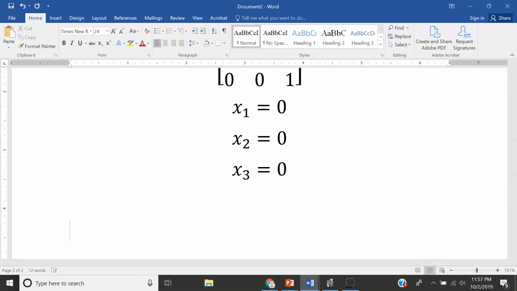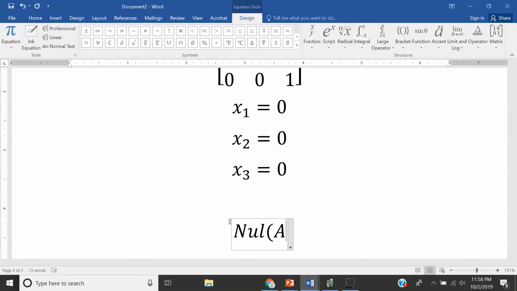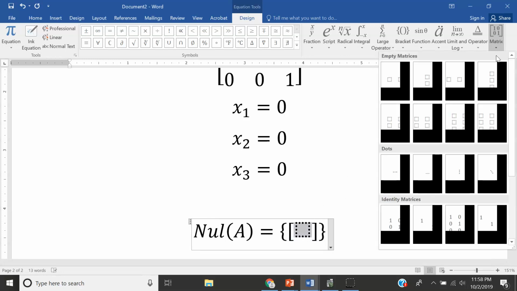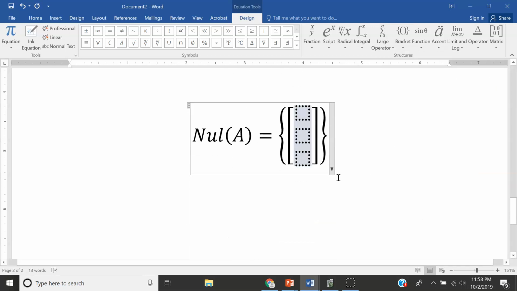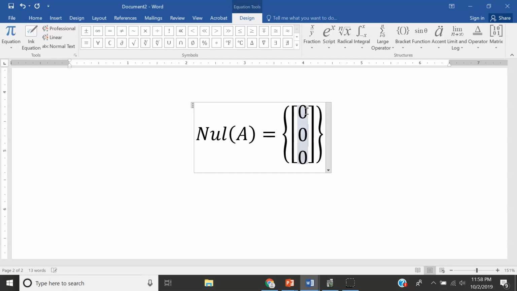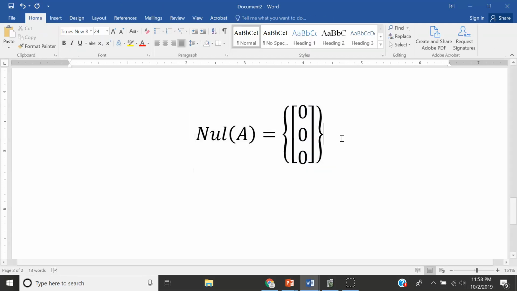So that means that the null space of A is actually just the set containing the 0 vector. So if we write this out, it's going to just be the set which contains the 0 vector. Now it's going to be in 3 dimensions, but that's the only thing the null space will contain.